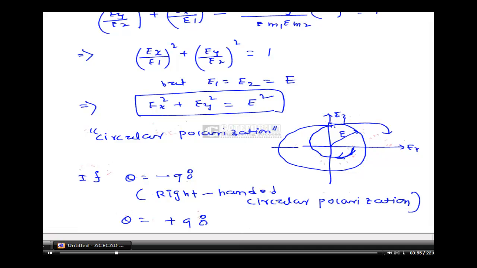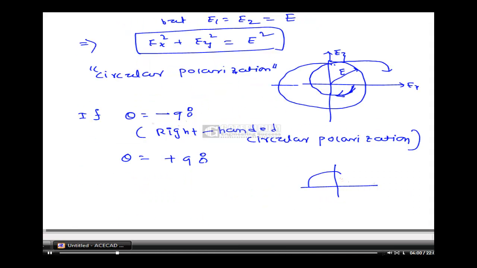Suppose theta is equal to plus 90 degrees. Plus 90 degrees means the positive angle direction, like this, going from 0 to 90 degrees. So the rotation is like this, and we are coming towards the left hand.